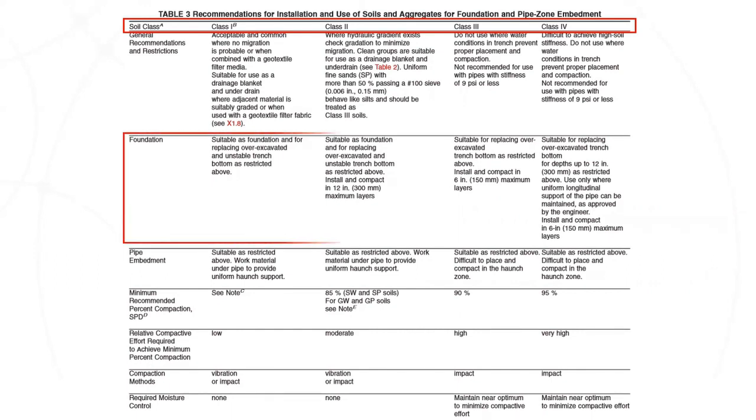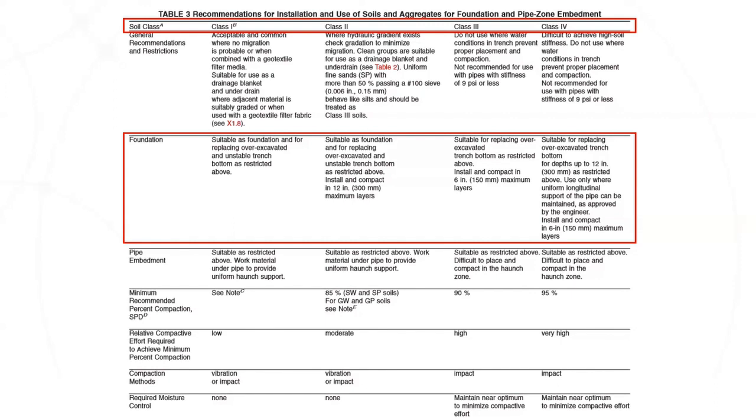Okay, so if we look at the foundation and what is suitable, and read through some of these recommendations on where they are acceptable: for class 1, suitable as foundation and for replacing over-excavated unstable trench bottom, as restricted. So if you have to over-excavate and put in new foundation, that's suitable. Class 2, suitable as foundation and for replacing over-excavated unstable trench bottom as restricted above; install and compact in 12-inch maximum layers.